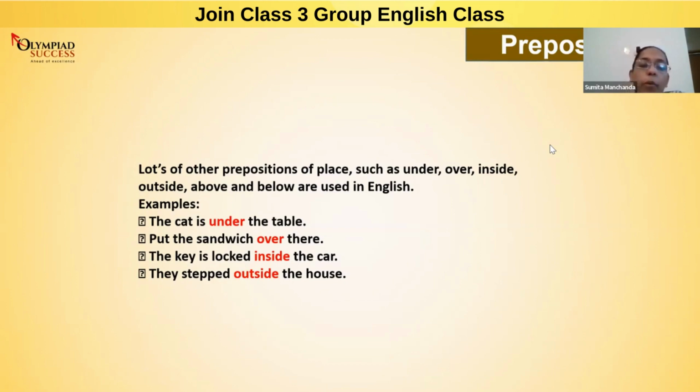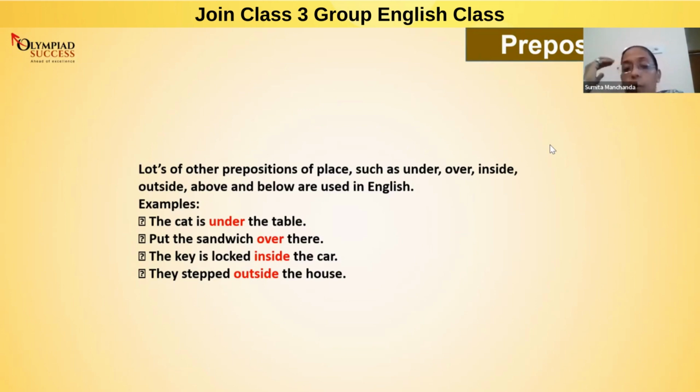Now remember one thing, whenever we talk about time, we always come up with a question in our mind related to when this happened. Whenever we talk about place, the question in our mind is where this happened. So if you are reading a sentence like the cat is under the table and you are not able to recall which preposition word is being used, think about a few questions.